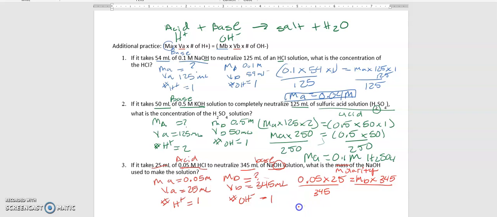Then I'm going to get that the molarity of the base is 0.004. Now I could find mass. All I need to do is take my molarity and divide it by molar mass, and that should give me mass. But I'm not going to do that right now.